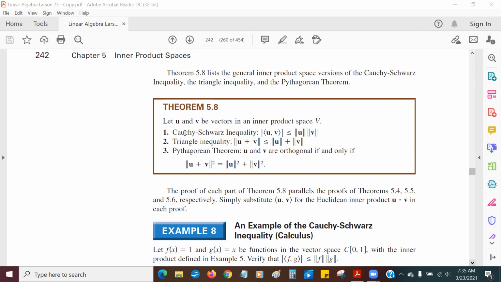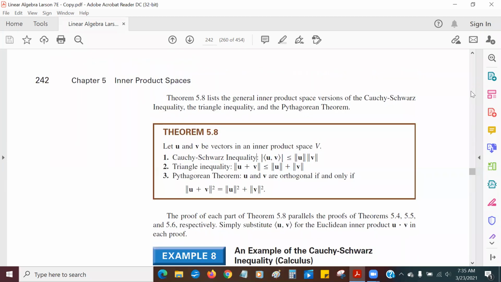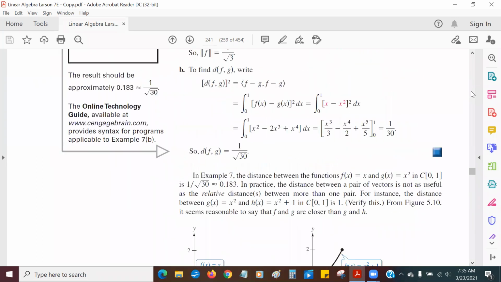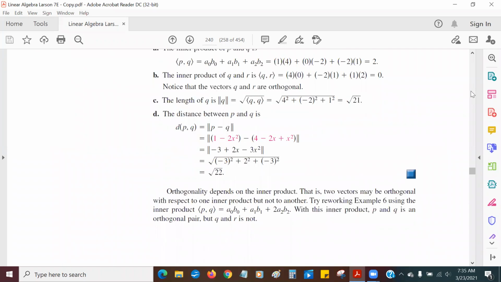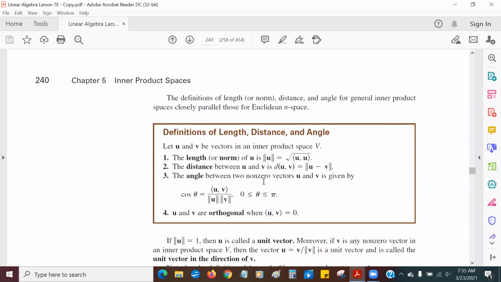Now, this inequality is extraordinarily important, because we had this idea of cosine theta, and we know cosine theta is always between -1 and +1. But how do I know this fraction is between -1 and +1? Well, the Cauchy-Schwarz inequality tells you that the numerator, the inner product of u and v, is less than or equal to the denominator, the length of u times the length of v.